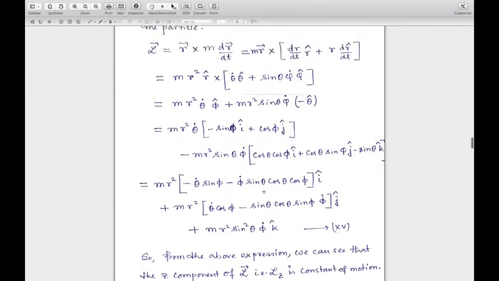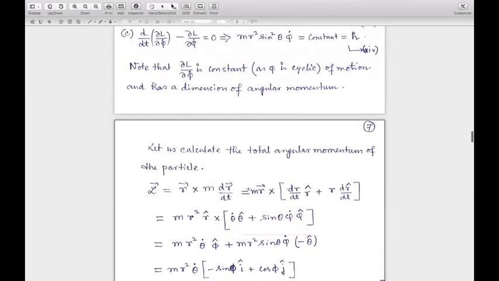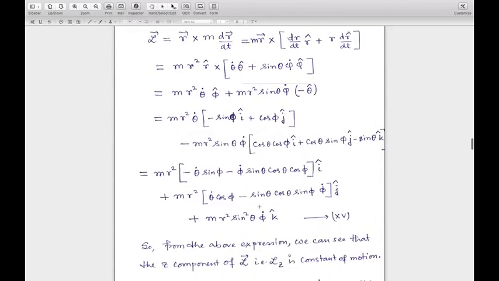You finally can see that this constant factor comes here. And look, this constant factor is also directed along a unit vector which is also constant, right? So that means that the z component of L basically is a conserved quantity, not the total L but the z component of L.